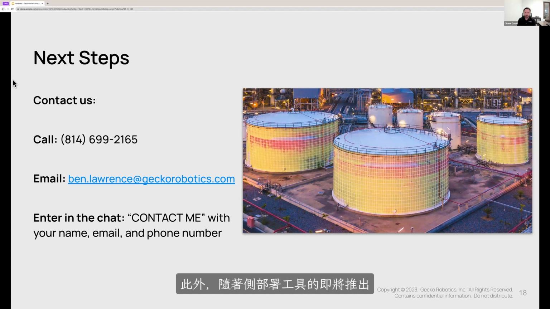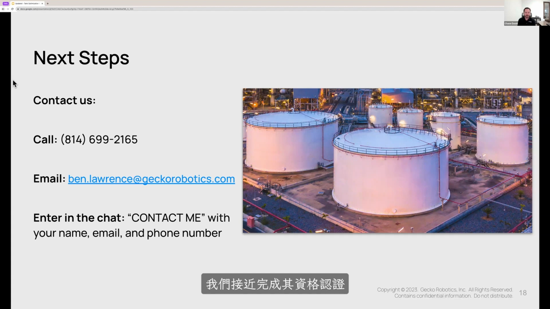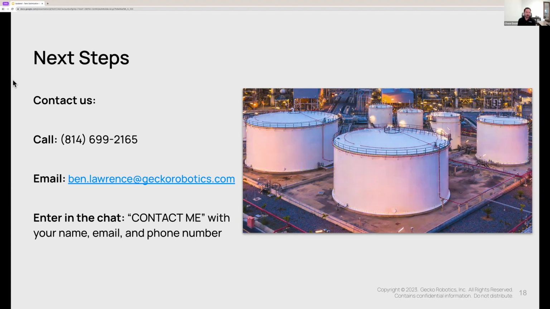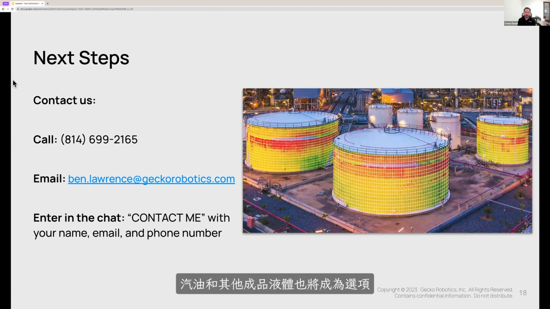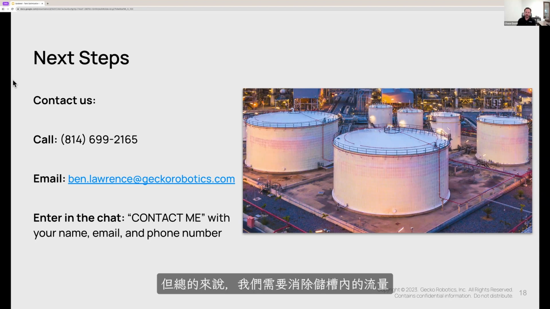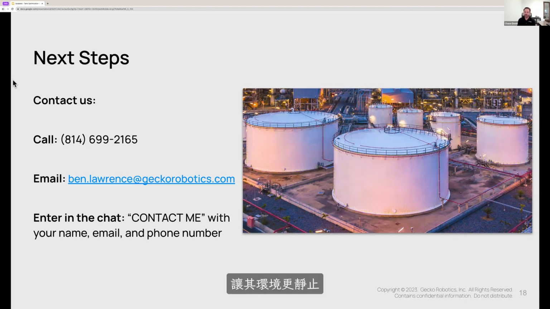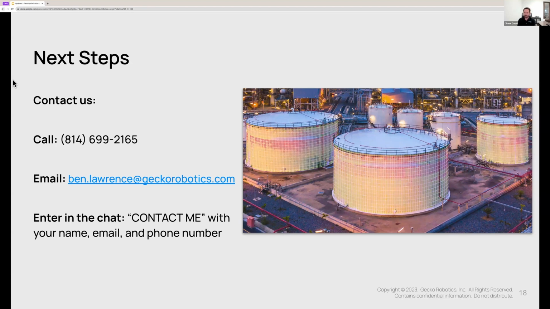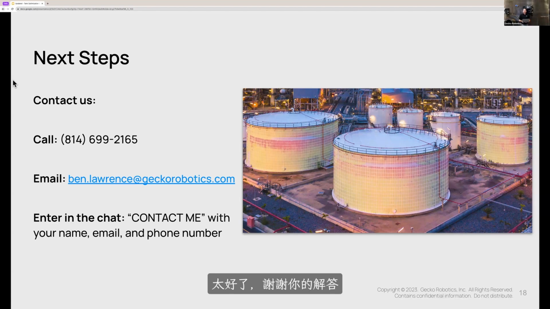And then with the side deployment tool that is around the corner, we're very close to qualification stages of it. Gasoline and other finished products are now an option here in the near future. But more or less, we need to remove flow from the inside of the tank, make it more static, and the robot will perform just fine. Beautiful. Okay. Thank you for that.